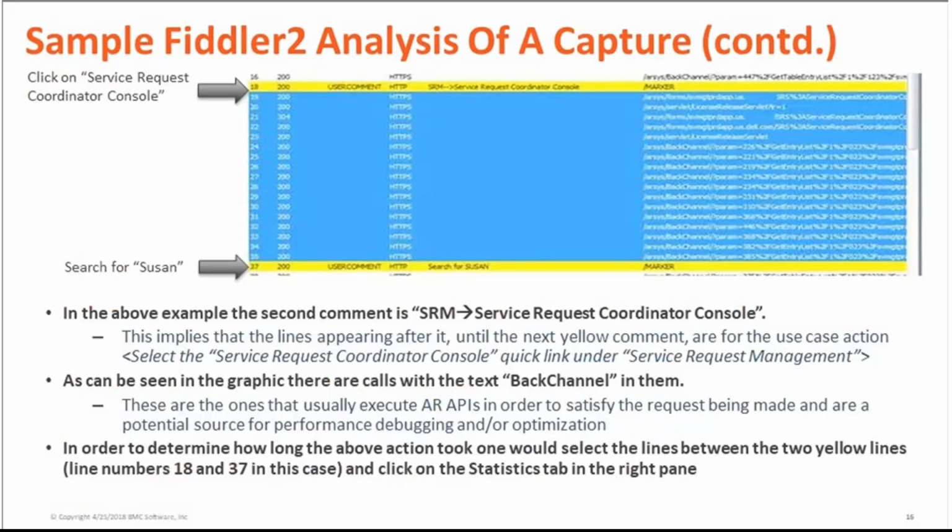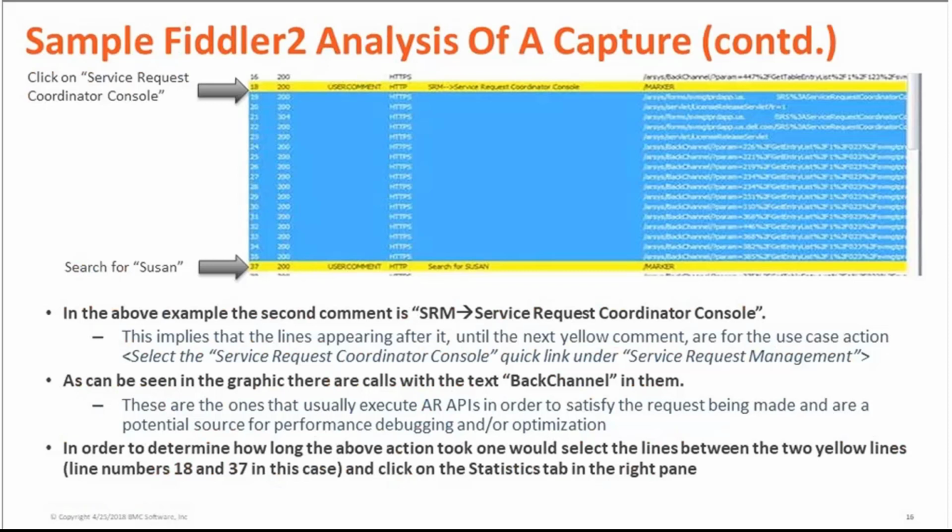As I said, the first and second yellow comment lines were Service Request Coordinator Console and a search for Susan. There were 17 calls, and in these 17 calls there were a bunch of back channel calls, line numbers 24 to 35, I think.